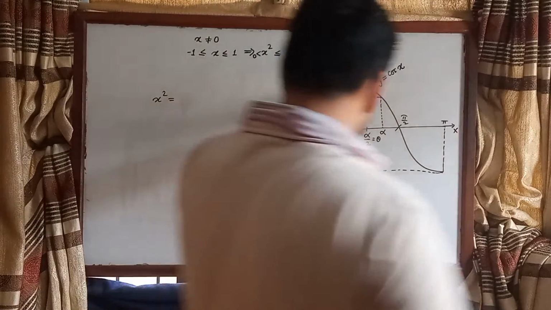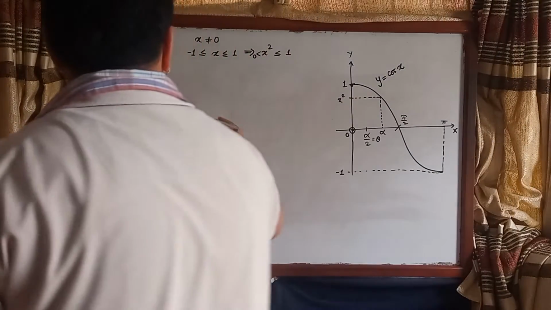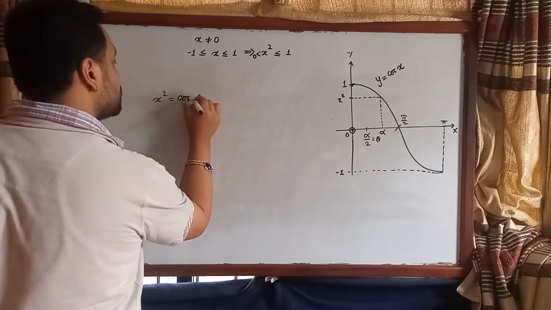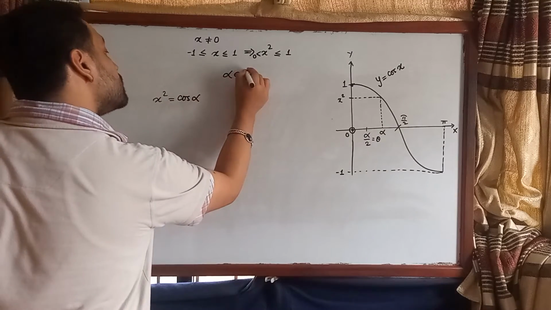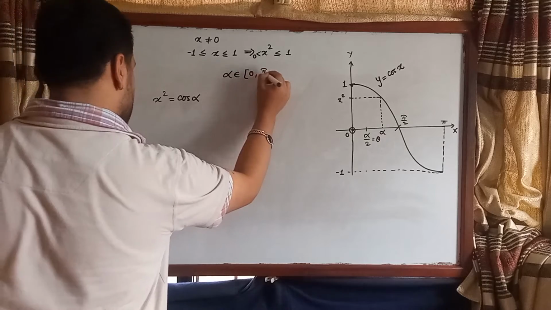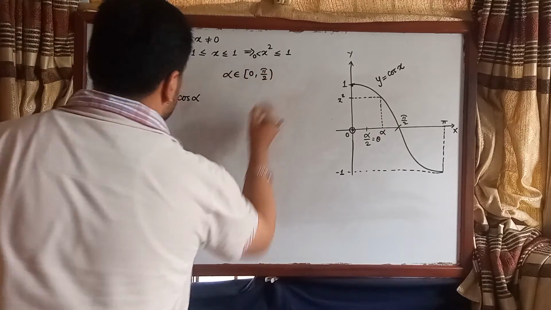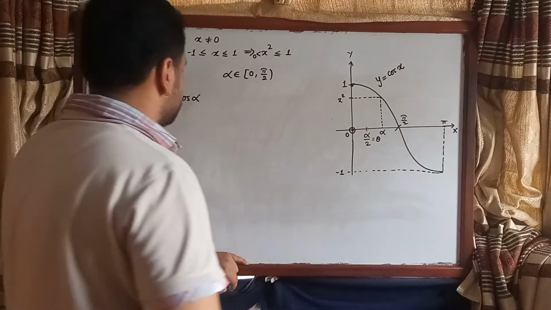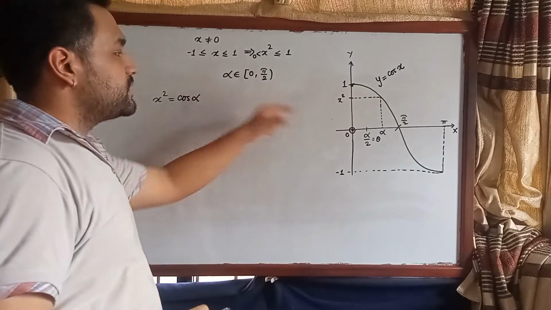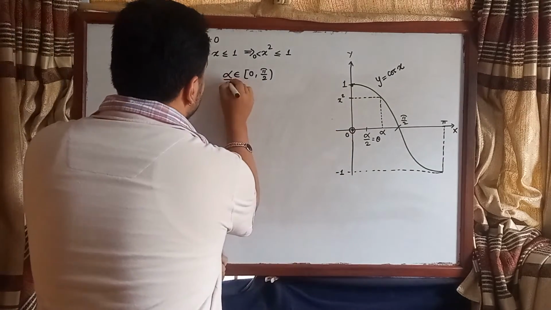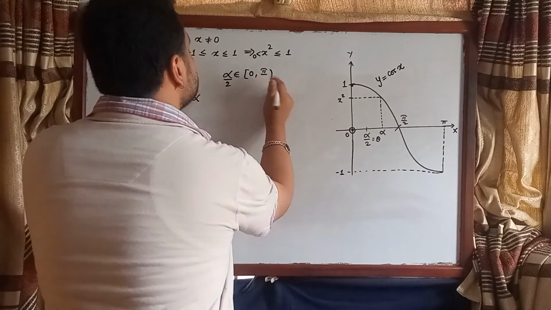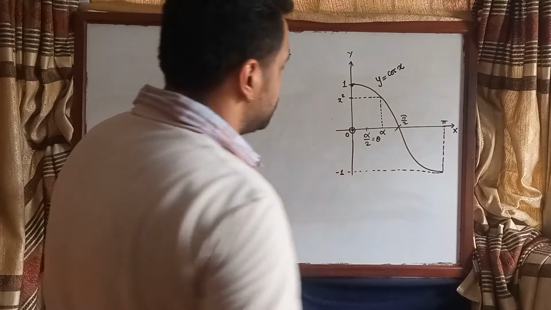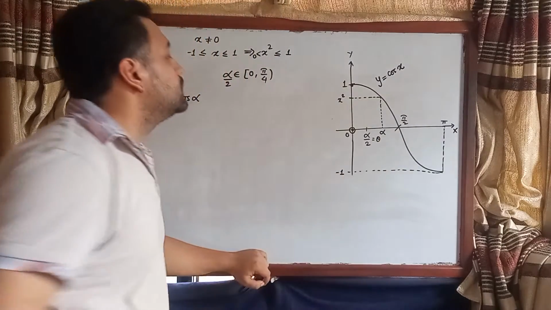So if alpha belongs to this interval, then alpha by 2 will belong to this interval, definitely.